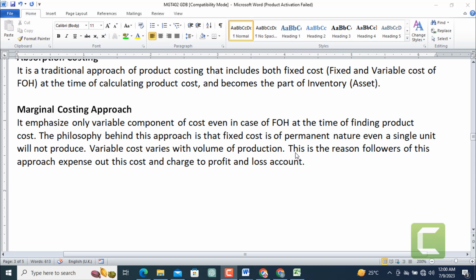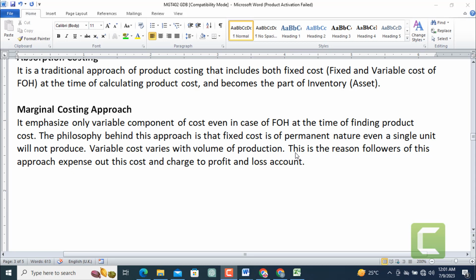It means that, let's suppose you have installed a machine in premises with other equipment to produce some products like belts, jackets, bags, etc. But the cost that you have borne in installing and purchasing that machine and other equipment is a cost you bear even if you do not produce even a single belt or leather jacket or bag.